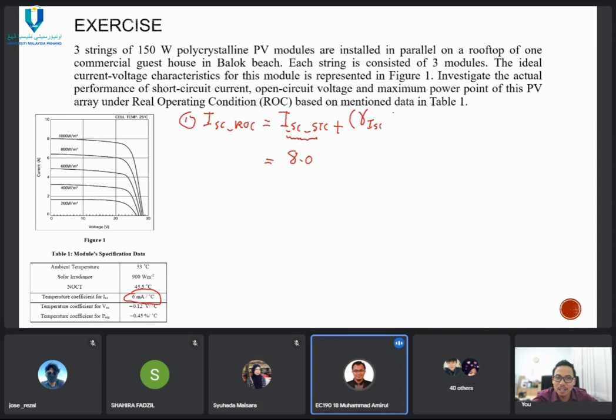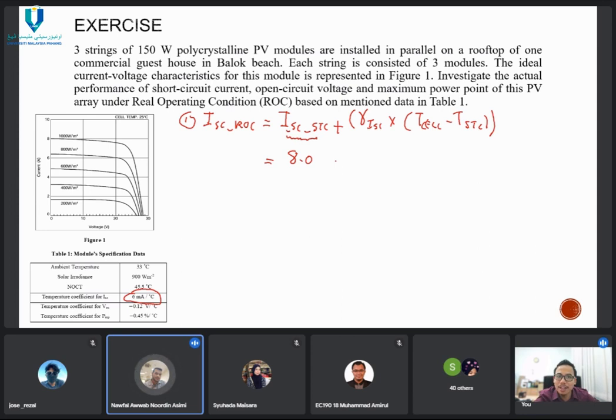Times T-cell minus T-STC. Correct. Why is there no extra factor in front? Because it is not given in percentage. It is given in milliamps, an absolute value, which is amps.